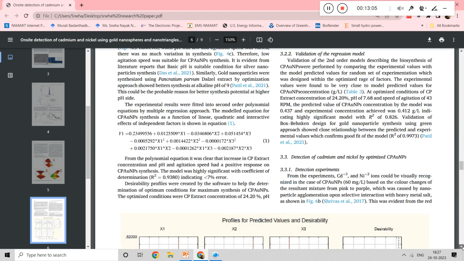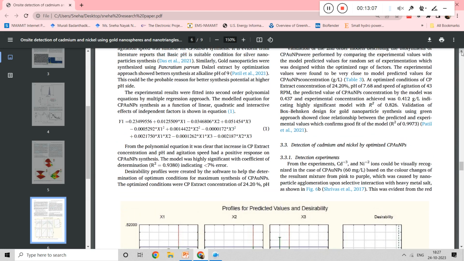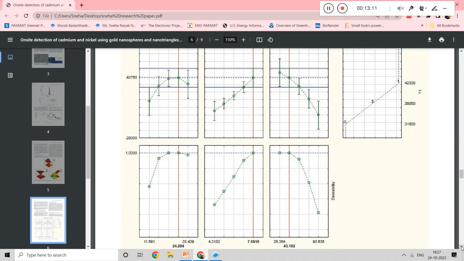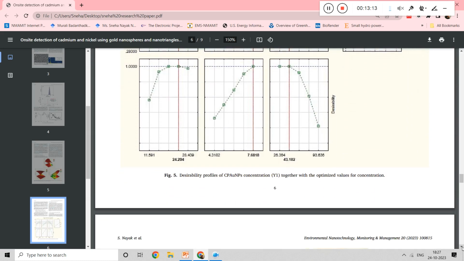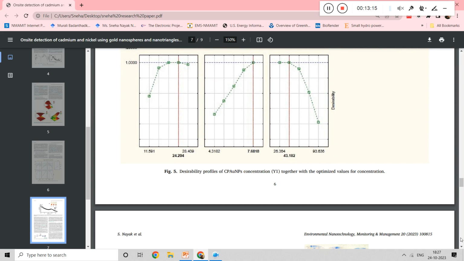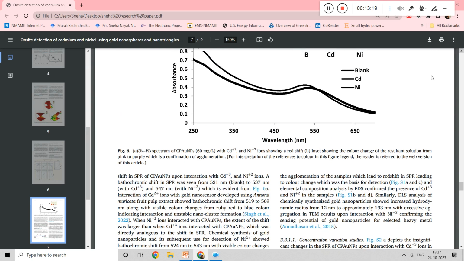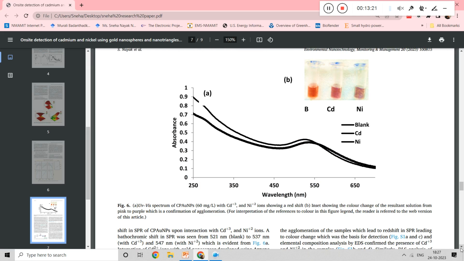This is the optimization technique we have tried for gold nanoparticles, and this is the detection part: cadmium and nickel by Cycliapeltata gold nanoparticles. This is the color change which we could see, and the shift in the SPR.